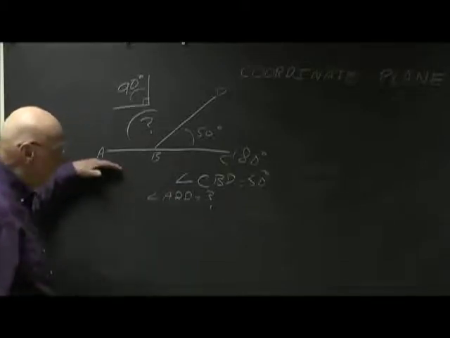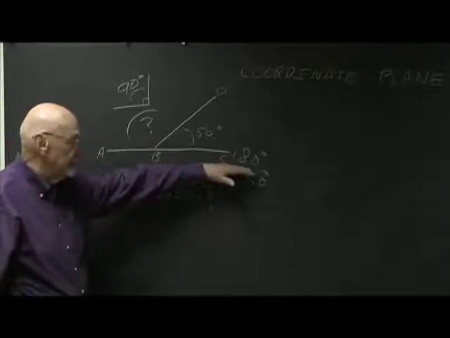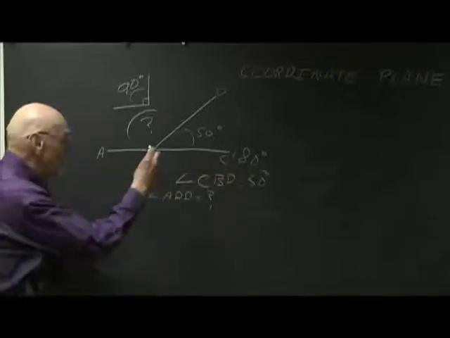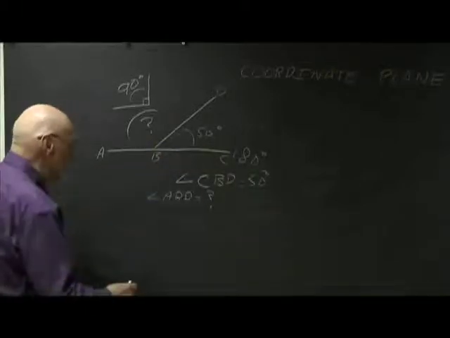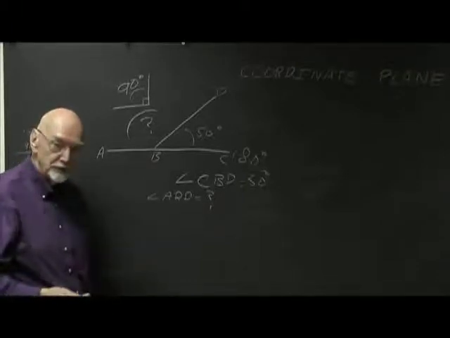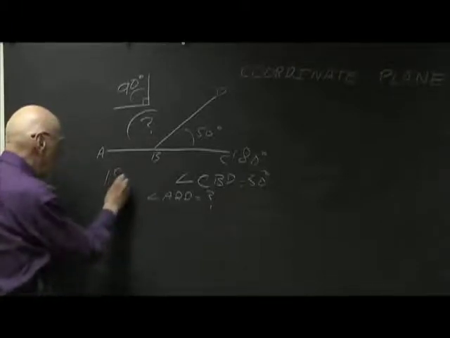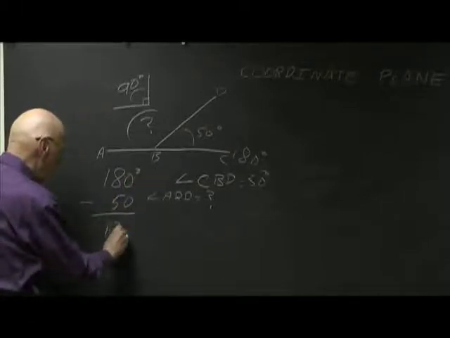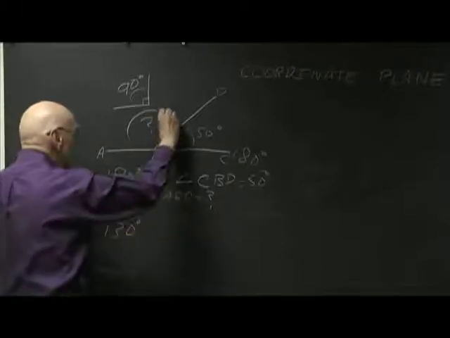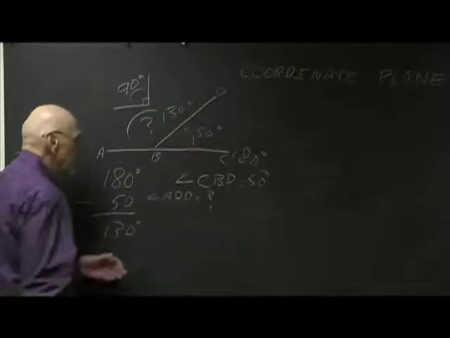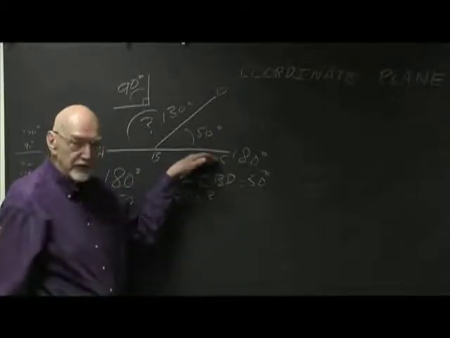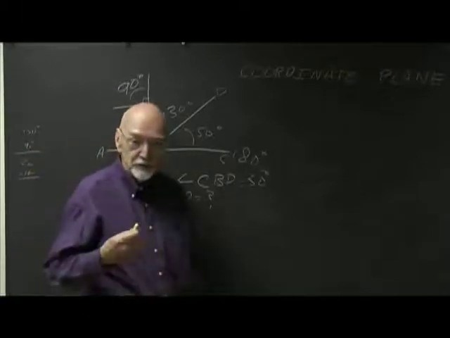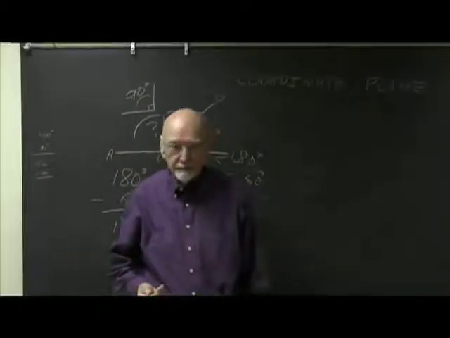Because if you know that a straight line is 180 degrees, which they will not tell you, and you do know the one they gave you was 50 degrees, then it becomes a subtraction problem. 180 degrees minus 50 degrees will be 130 degrees, and that's this angle. So when they give you one angle on a straight line and then ask you the other angle, simply subtract to find it.